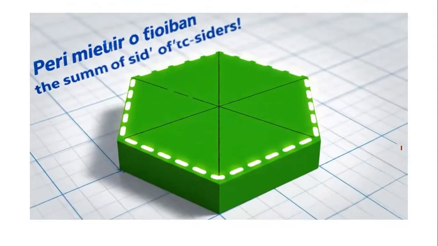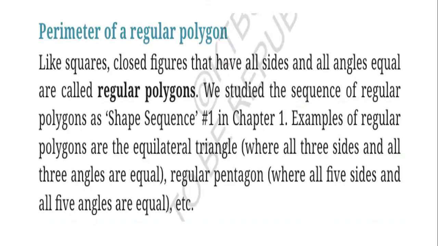Here, all sides are equal and all angles are equal. In a regular polygon, all sides and all angles are equal. Now, it is like a square.